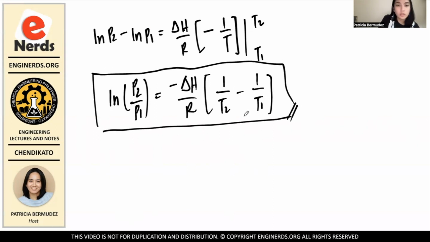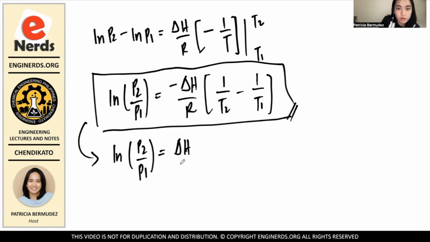Okay, if you want to take another form, you can actually distribute the negative sign inside here. So it'll be ln p2 over p1 is equal to delta h over r, and then here, we can distribute it inside. So, negative 1 over T2, negative 1 over T1.